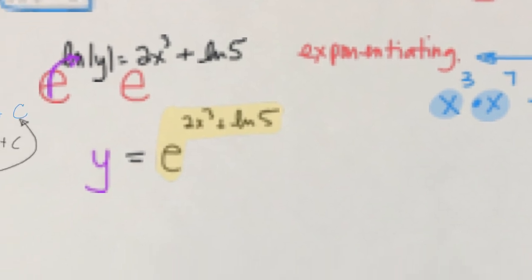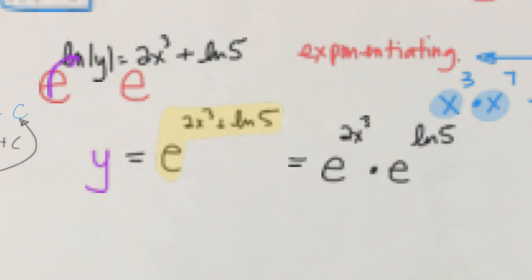So if I apply that here, notice that I have a sum in my exponent. So I can make e to this power times e to the natural log of 5 power. This is how we're going to simplify: e to the 2x cubed power times e to the natural log of 5 power.